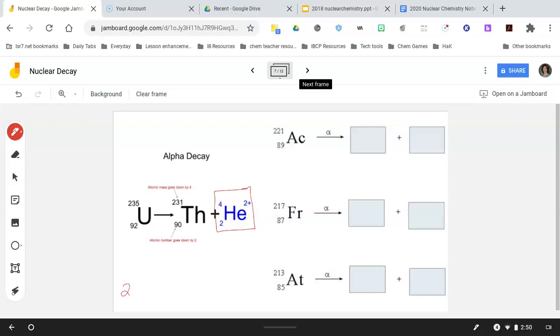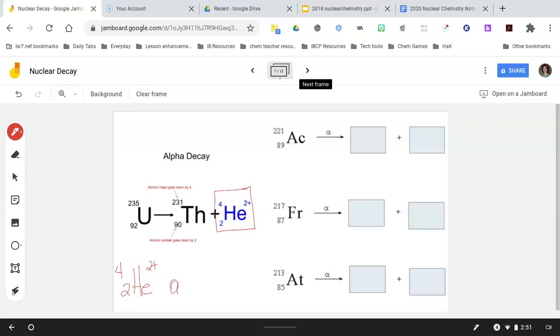That's what makes it helium, and that's how I know to use the helium element symbol. The mass number of this helium nucleus is 4. So this particle has 2 protons and 2 neutrons. But it has a positive charge, and that tells me it's had both its electrons removed. So it has lost 2 electrons. So this is one version of the alpha particle symbol.